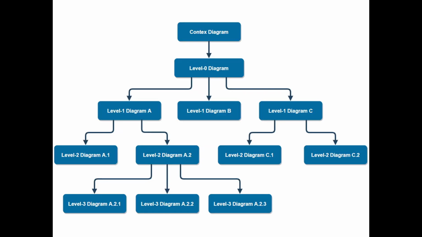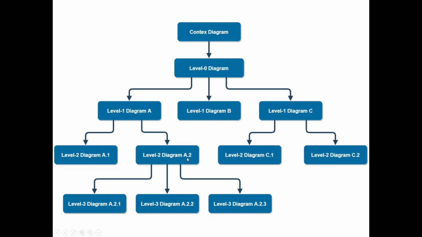And this figure shows the entire process of creating diagrams. First of all, we have a context diagram, and then we decompose the context diagram into a level 0 diagram. And this level 0 diagram here is decomposed into 3 level 1 diagrams: diagram A, diagram B, diagram C. And diagram A is decomposed into level 2 diagrams A.1, A.2.